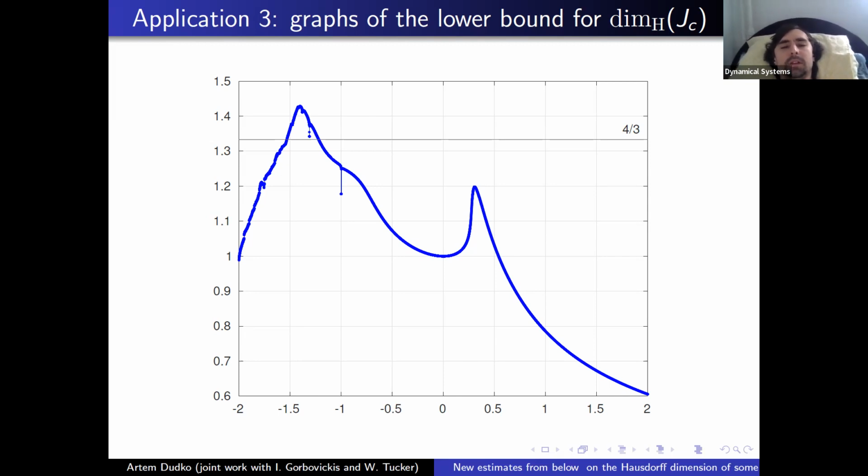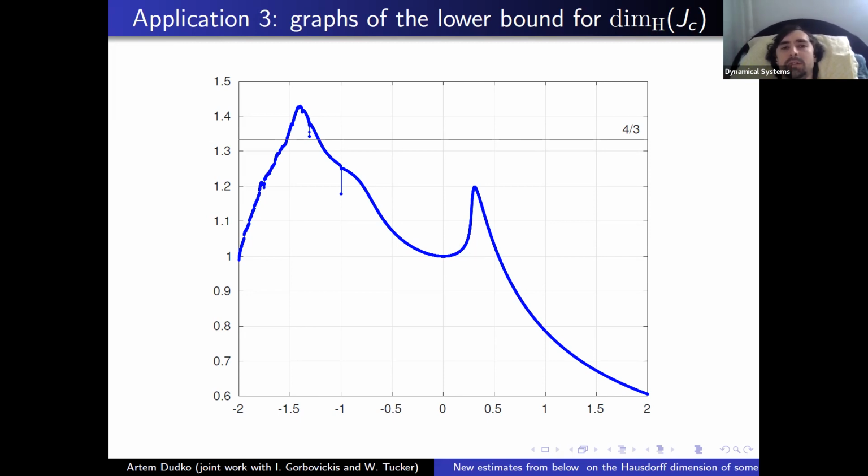Another thing is that, by taking deeper and deeper Markov partitions, we can obtain more and more accurate bounds, but we don't know how fast they converge to the limiting Hausdorff dimension.